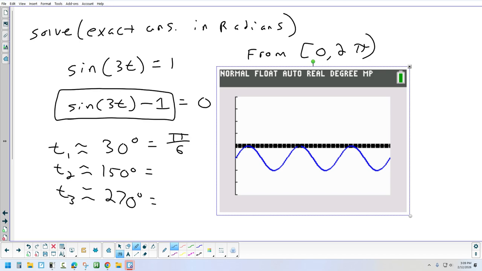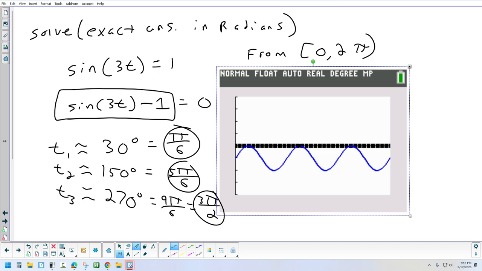So this is 5 pi over 6. And what do you multiply 30 by to get 270? 9. So this is 9 pi over 6, or, when you divide by 3, 3 pi over 2. So that is the exact answer in radians over the interval 0 to 2 pi.